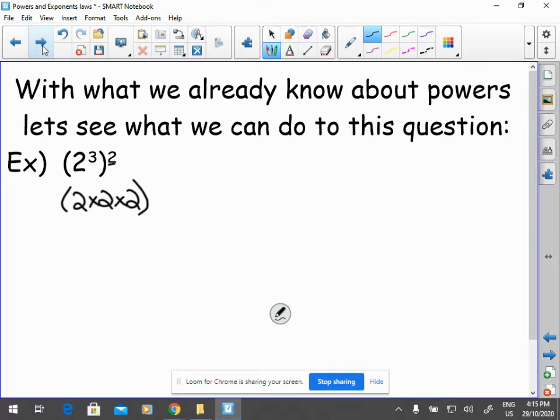And what the exponent of 2 means is that I am taking what's in my parentheses and multiplying by itself twice. So I could actually write it like this. 2 times 2 times 2 is 8, and times 8, which is 64. Do you see how it's still the same thing?